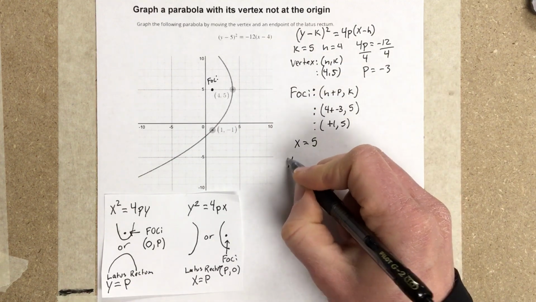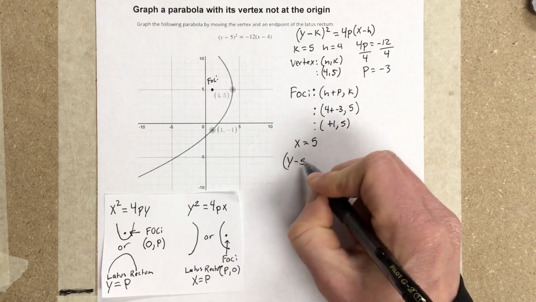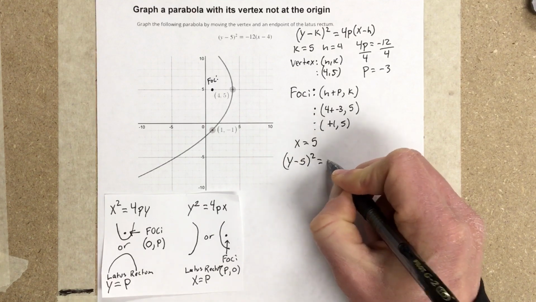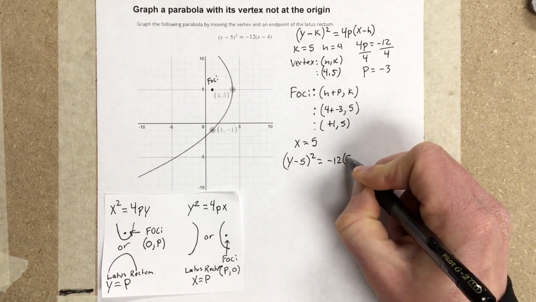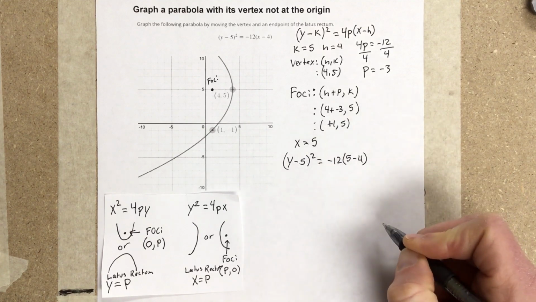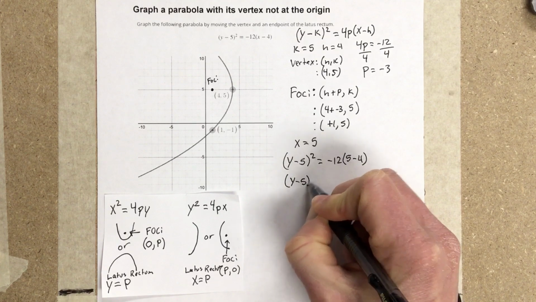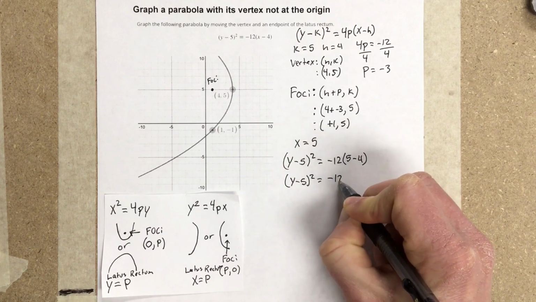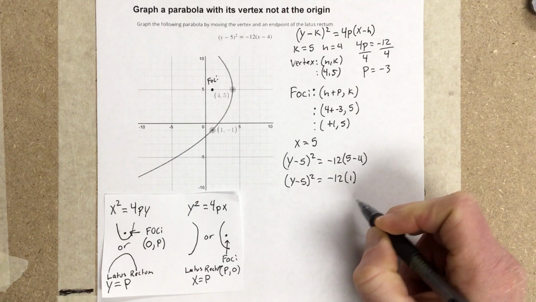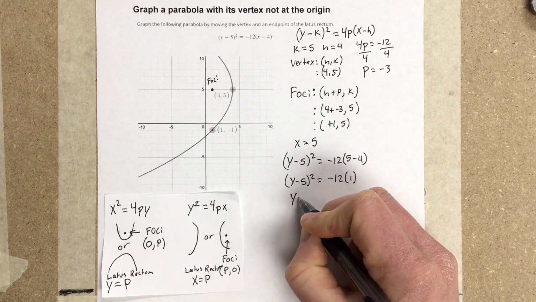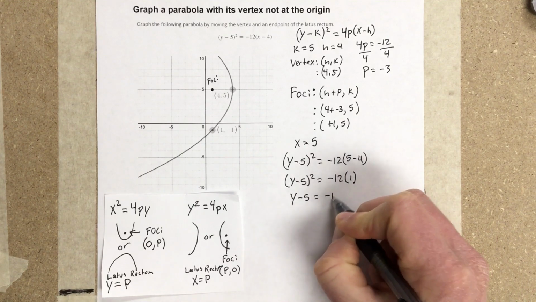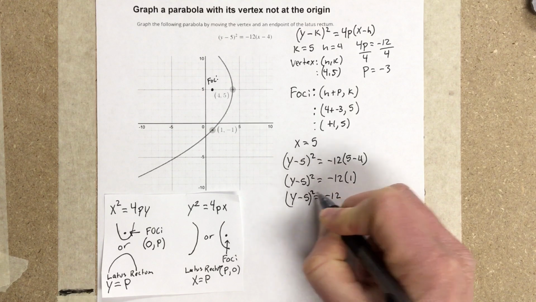So we have (y minus 5) squared is equal to negative 12 times (5 minus 4). If we simplify that, I'll get (y minus 5) squared is equal to negative 12.